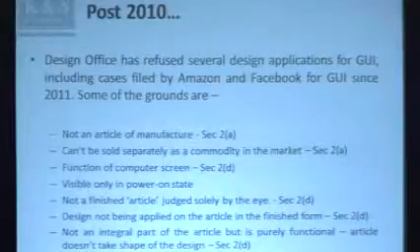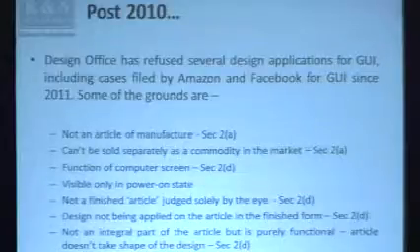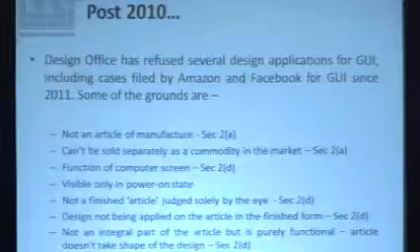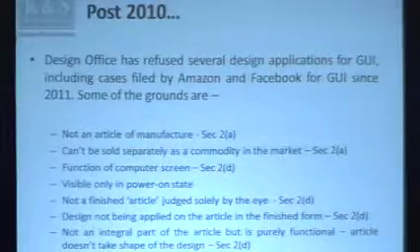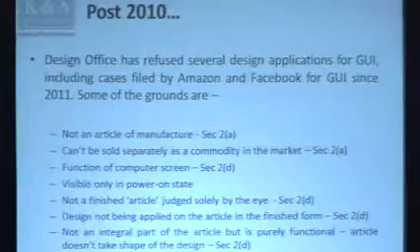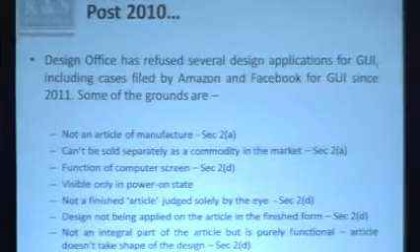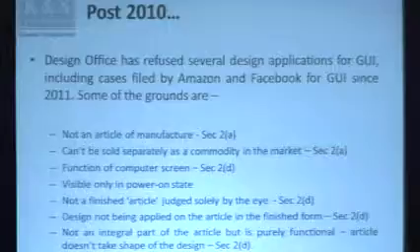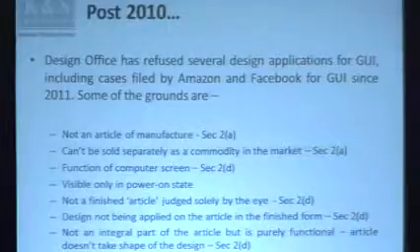Some of the grounds on the basis of which the design office is not accepting these applications are, if you look at the definitions of section 2(a) and 2(d) that I talked about, that GUIs and icons are not an article of manufacture in the conventional sense, so there's no act of manufacturing, so to say.